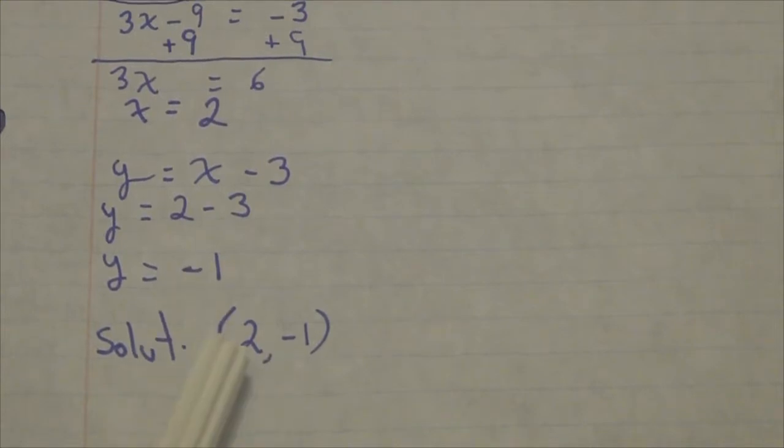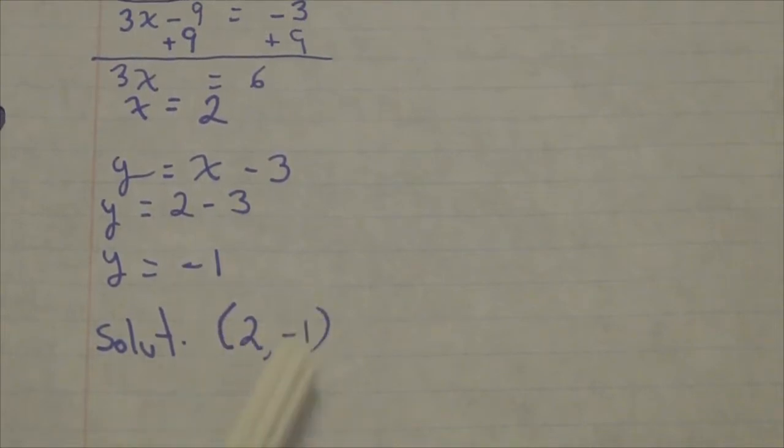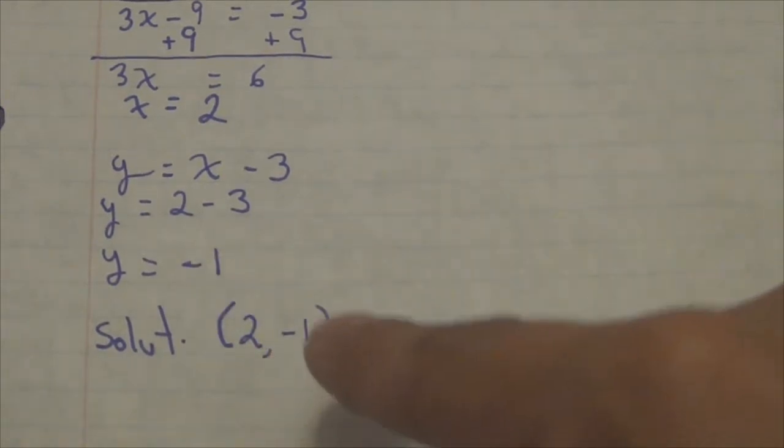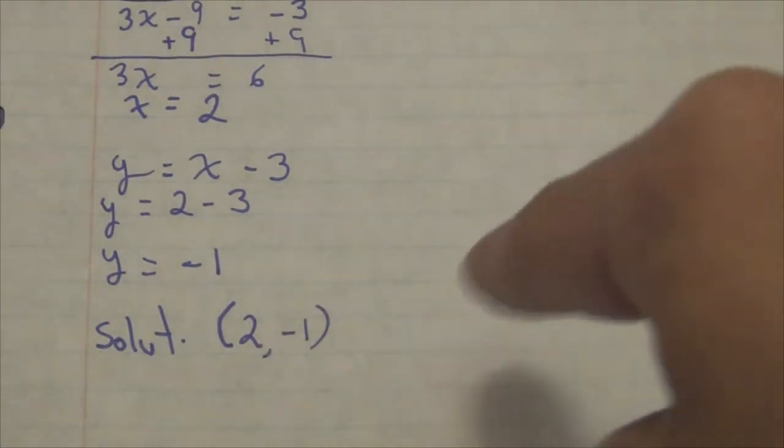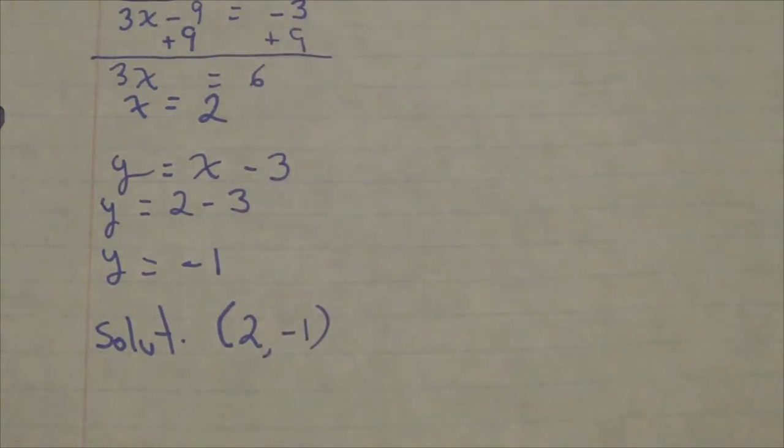Remember, x has to be 2, not negative 1, and y has to be negative 1, not x. So be careful if they switch the coordinates, okay? Because 2 comma negative 1 is not the same thing as negative 1 comma 2. If you were to graph those points, you'll see that they are not in the same position.